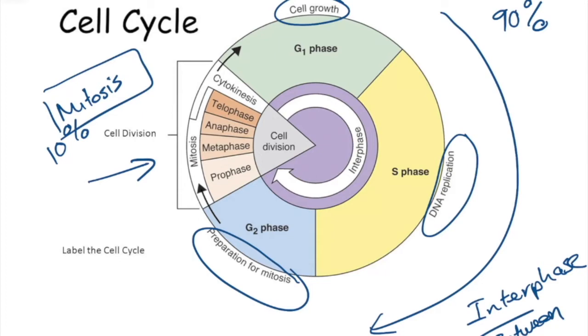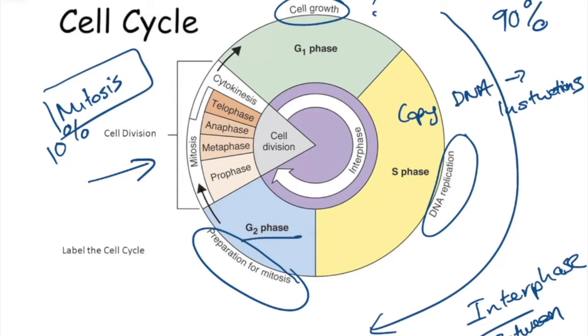So in some of these different cells, different phases, we need to think about what they would be doing. So what does it need to do? Well, it needs to grow. It needs to copy its DNA, because we're going to divide into two new cells that both need the instructions. If we only had one set of instructions, then the cell wouldn't be able to know what to do once it had divided.